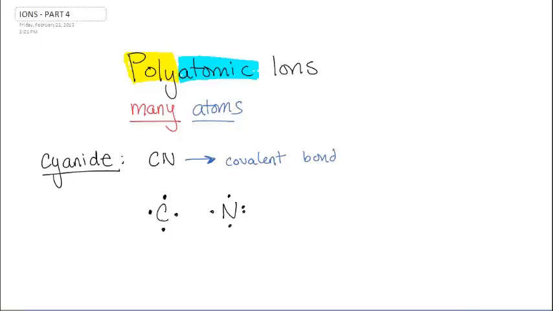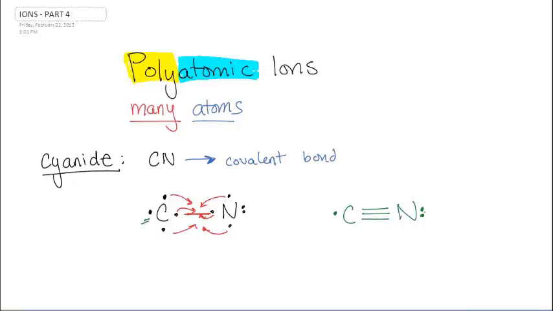So we know these two atoms are going to share electrons. So these two electrons are going to come into the middle and form a single bond. These guys are also going to come into the middle, as well as these guys. And what that gives us is a molecule that looks like this. Carbon, but it still has a single electron from over here, triple bond to nitrogen, which has a lone pair.